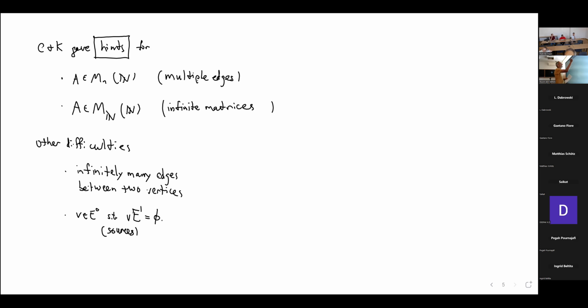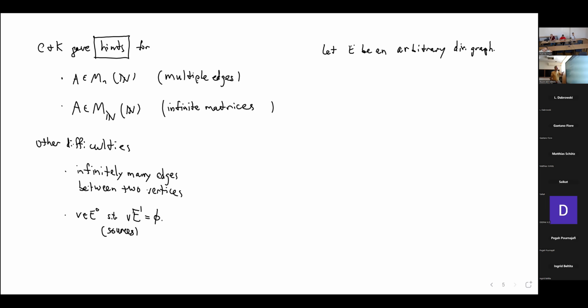Okay, so now let E be an arbitrary directed graph. That means we're no longer thinking about the matrix, just the graph.